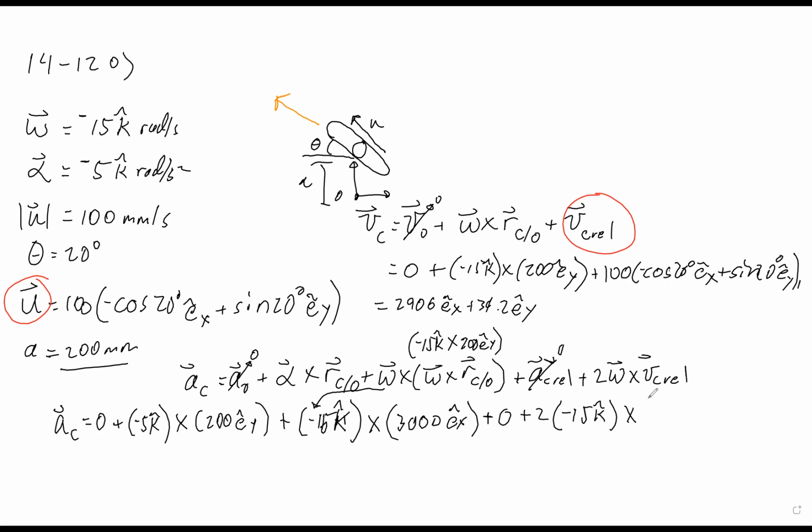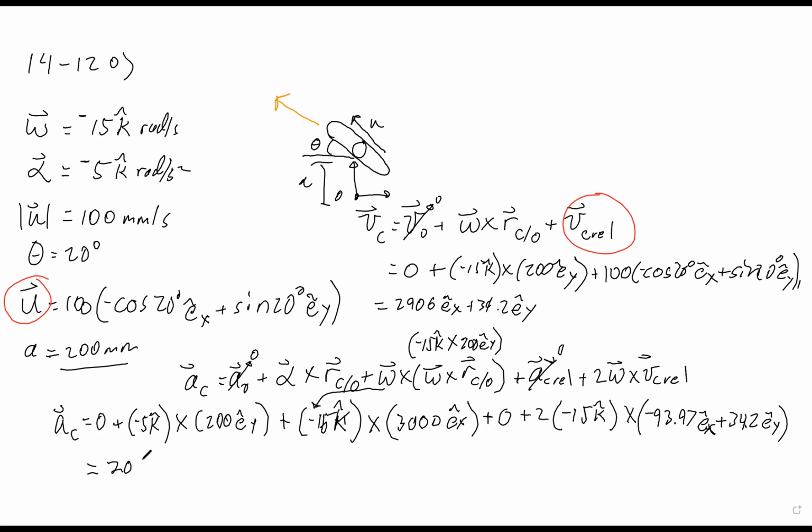If you didn't calculate that, or if you did calculate that, you can double check. It should be 93.97 e hat x plus 34.2 e hat y.